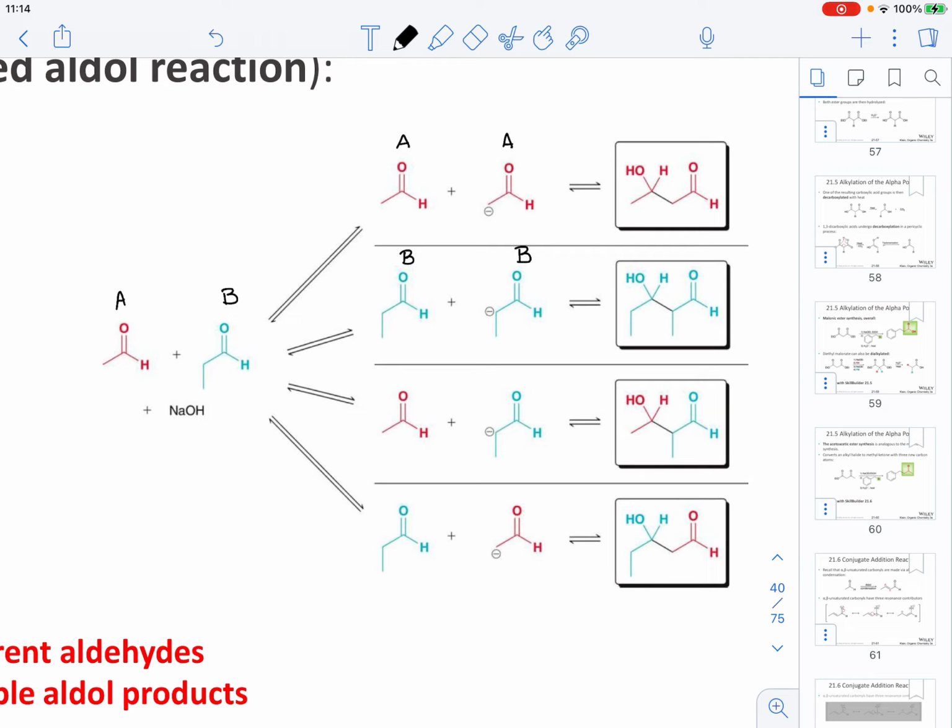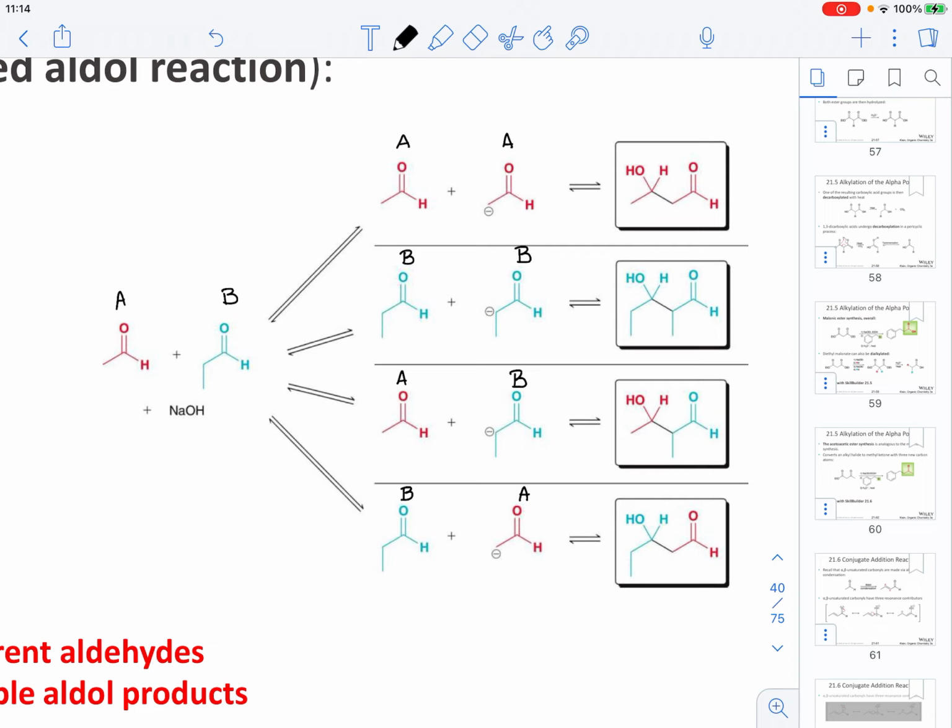In the third set of reaction, A is going to be our electrophile and B is going to be our nucleophile, forming that enolate. And lastly, B is going to be our electrophile and A is going to be our nucleophile to produce the following products.